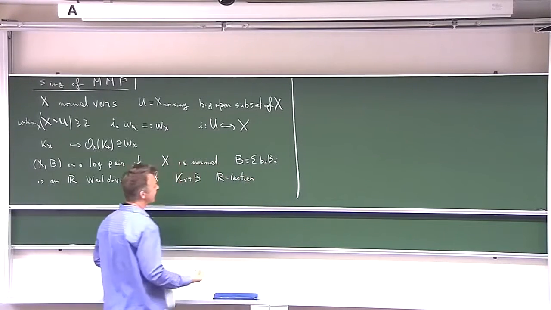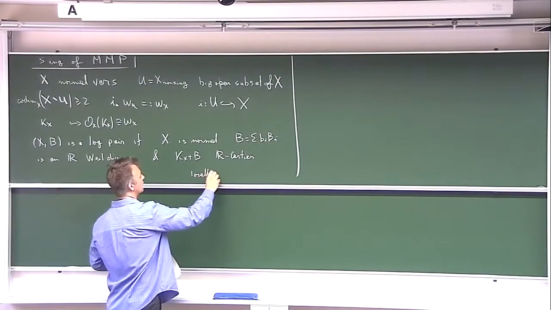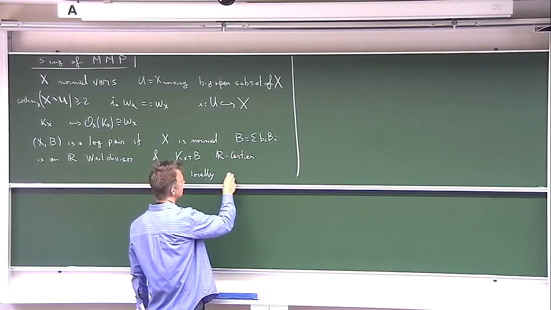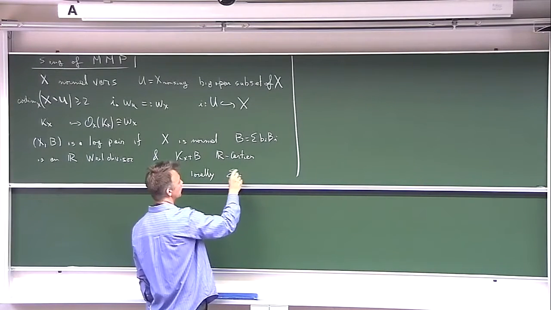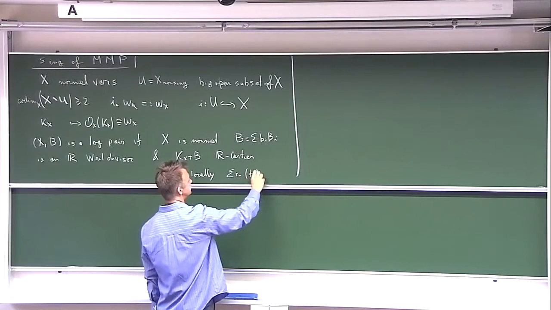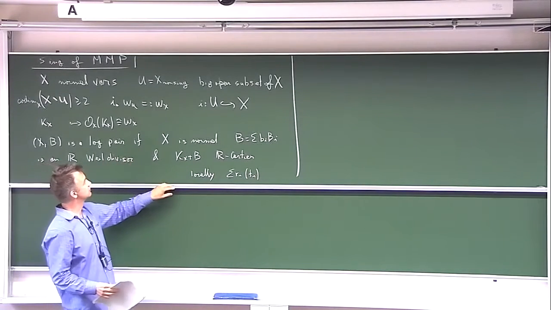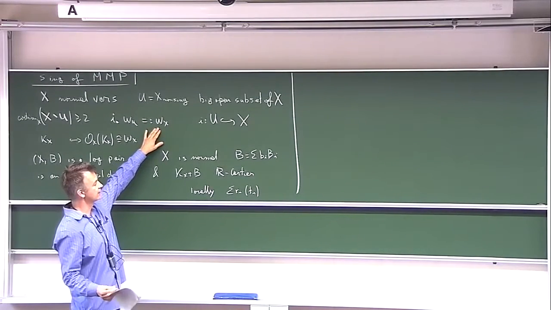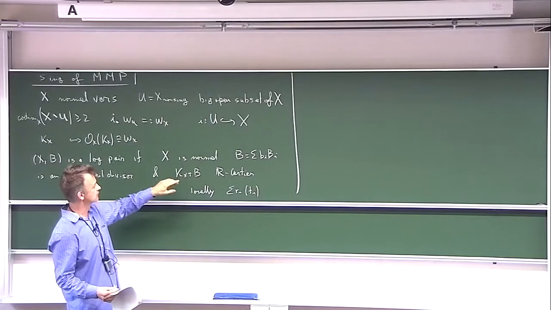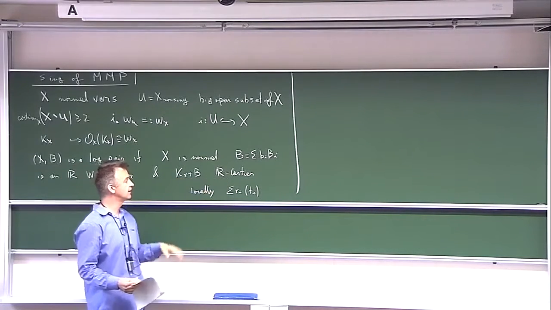R-Cartier means that locally you can write this as a linear combination with real coefficients of zeros minus poles of rational functions. I already mentioned that if K_X is not Q-Cartier, that's sort of intimidating. But I'm insisting that this mixed object be R-Cartier. This is very friendly.